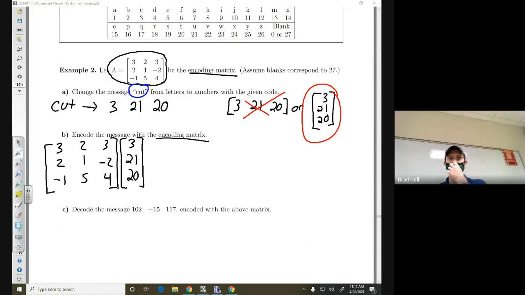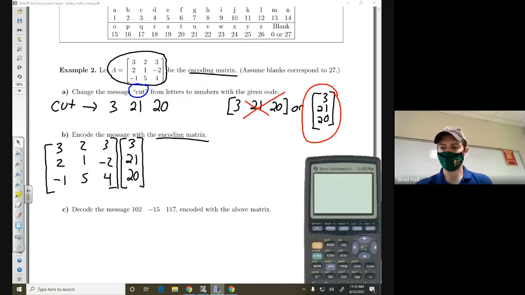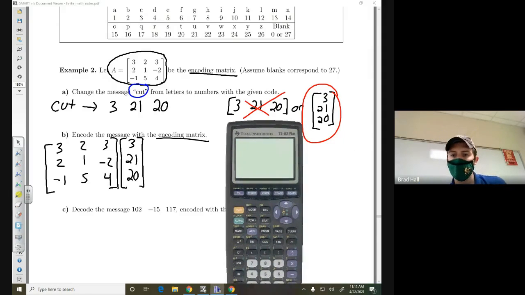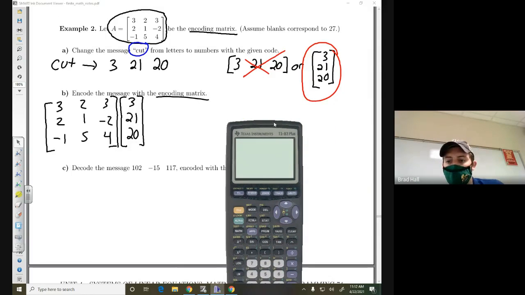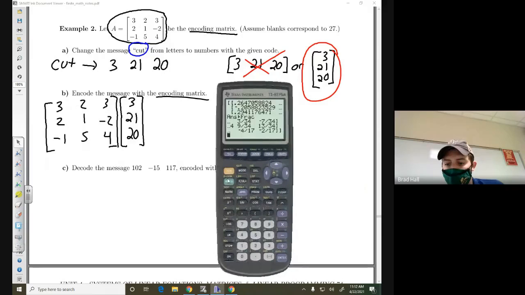And now this is just simply a matrix multiplication that we can program directly into the calculator. Well, matrix, we can go ahead and program matrix A as the 3 by 3 matrix on the left.